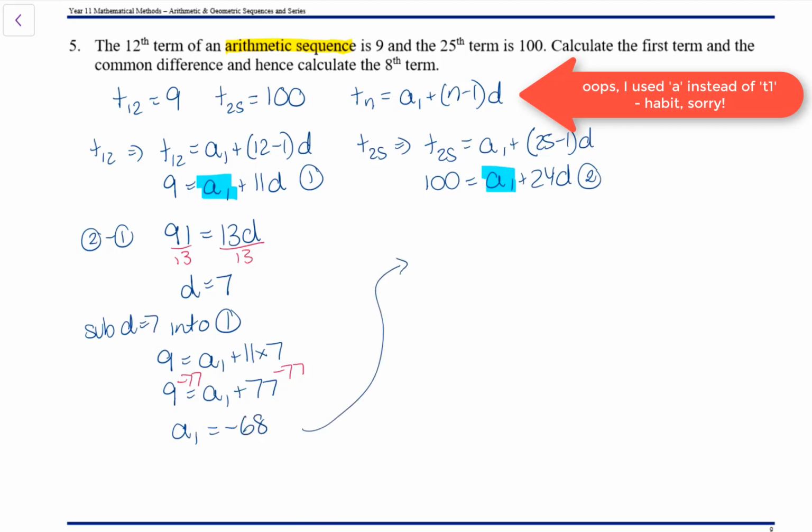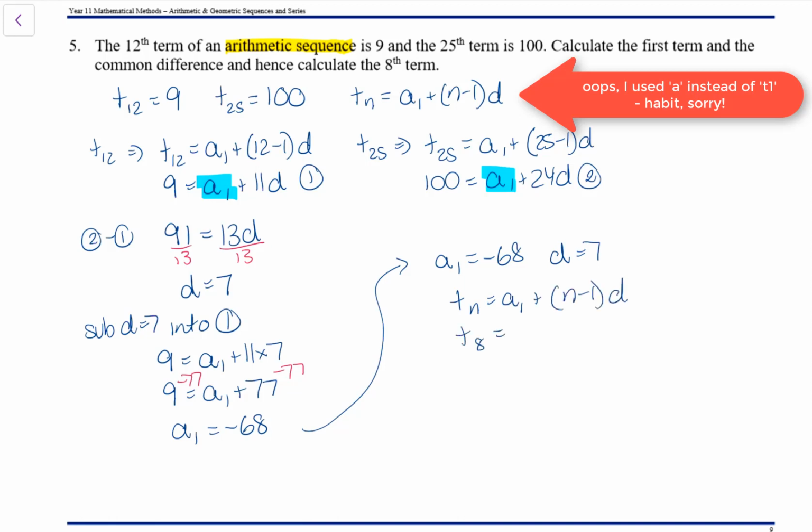Okay, I'm going to come up here. So we've got a1 is negative 68, and we've got d equals 7. It asked for the 8th term. So T of n equals a1 plus (n minus 1)d.